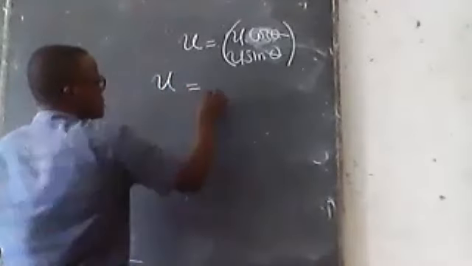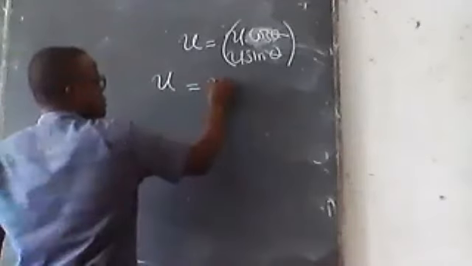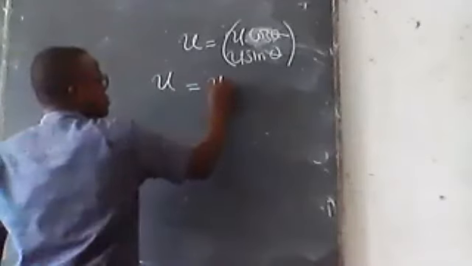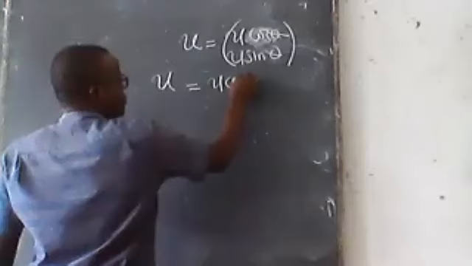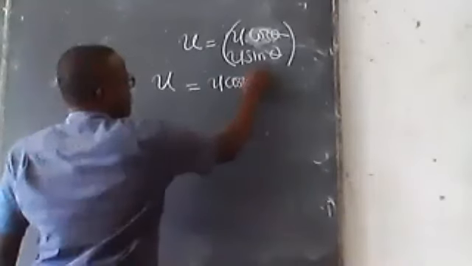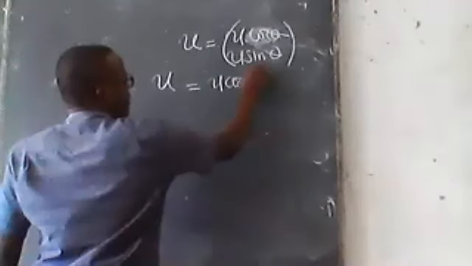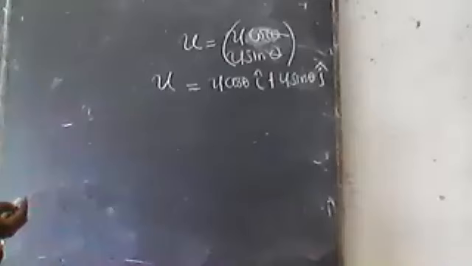We go back to our velocity at any given time t, we recall. Recall that velocity is given by U plus at.